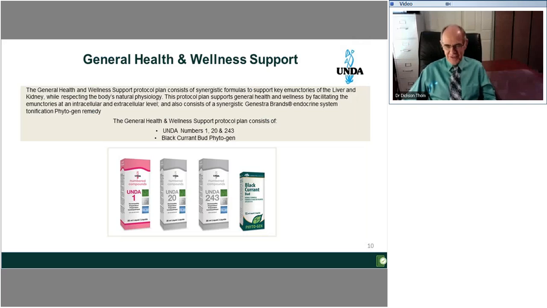Doesn't mean you have to start here, and especially the more familiar you are with these particular remedies, probably the less likely that will be your starting point. But for people who are new to this particular modality, new to these types of therapies, this is a fail-safe way to start supporting somebody's general health and wellness, because these remedies are all focused on primary emunctories, specifically the hepatic system, also the digestive system, and also the renal system.